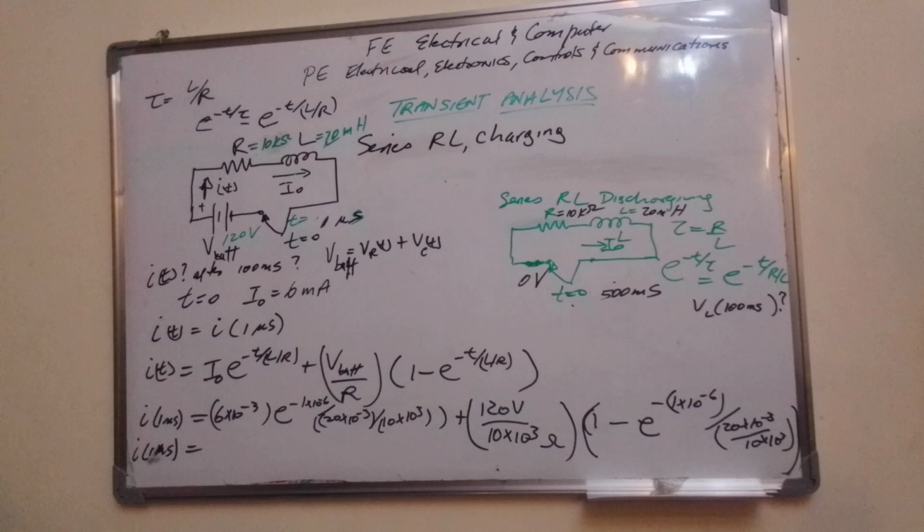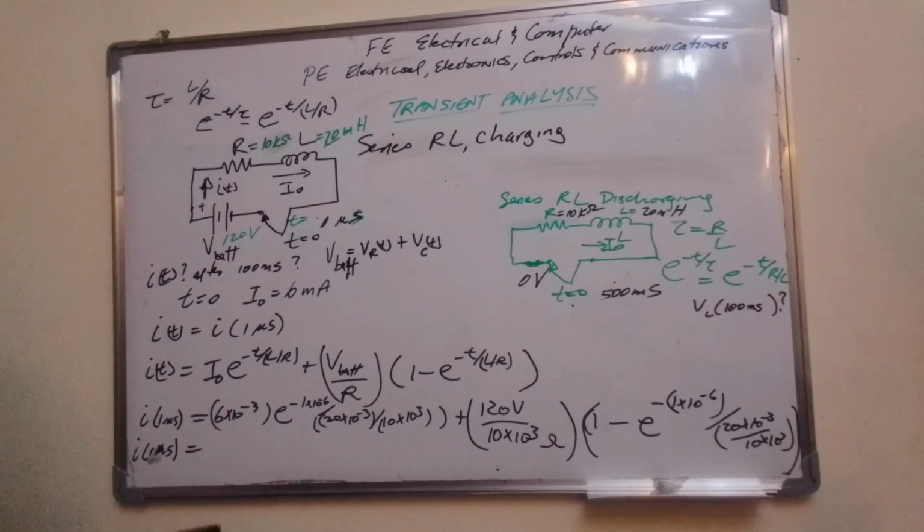If you multiply this piece out, our numbers might give us some problems, so we're going to be careful. L over R is 20 times 10 to the minus 3 divided by 10,000.